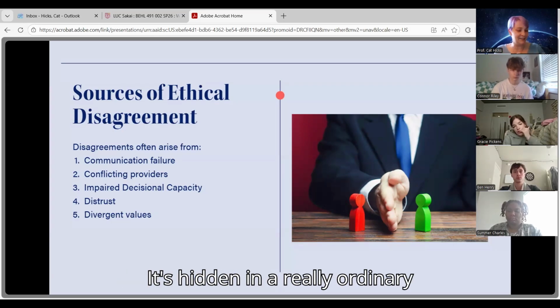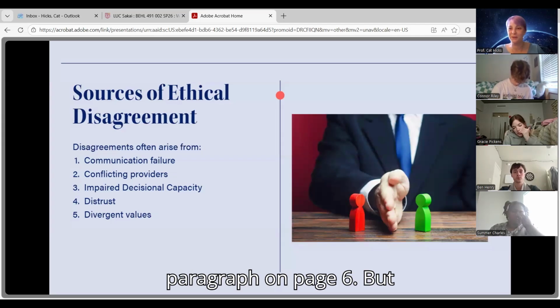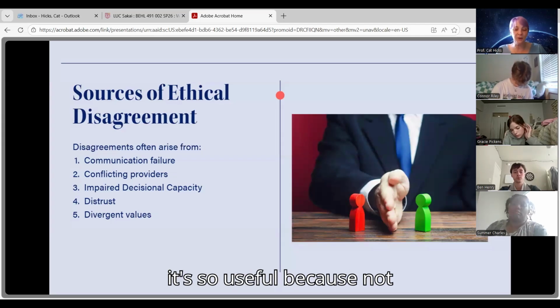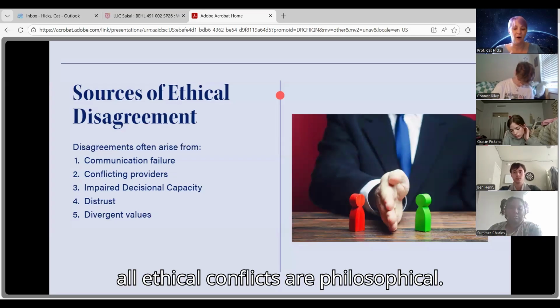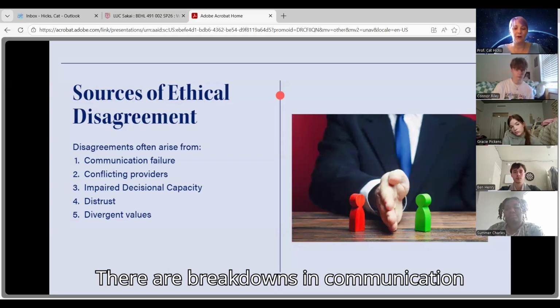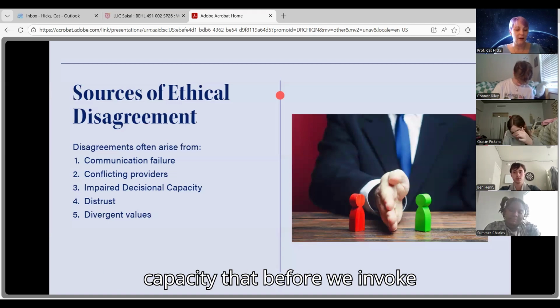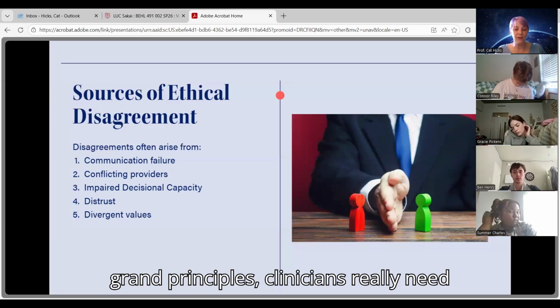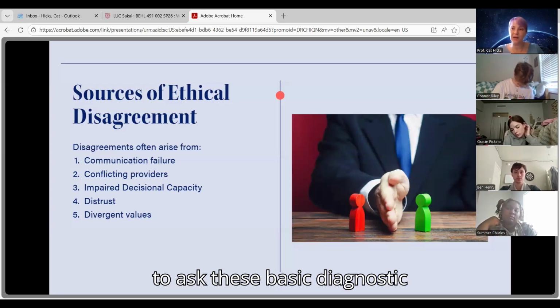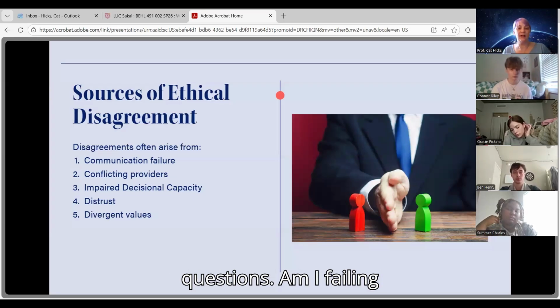It's hidden in a really ordinary paragraph on page 6, but it's so useful because not all ethical conflicts are philosophical. There are breakdowns in communication, breakdowns in trust, breakdowns in capacity that before we invoke grand principles, clinicians really need to ask these basic diagnostic questions.